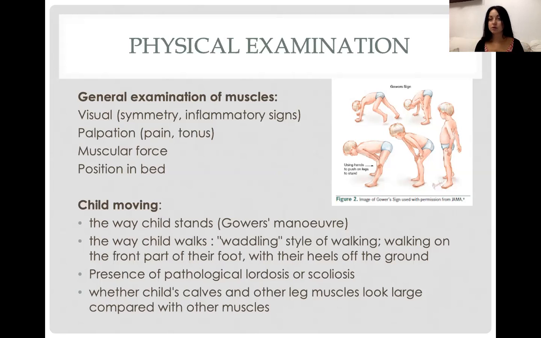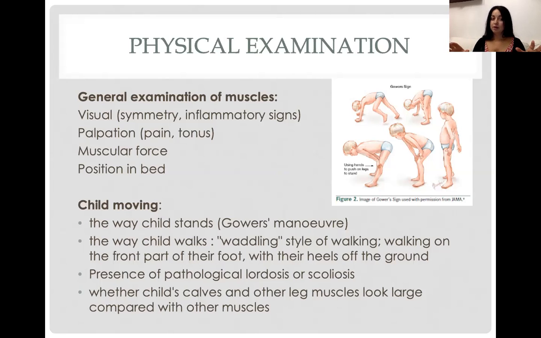You can see inflammatory signs during visual examination. When a muscle is inflamed, you can sometimes see the swelling of the muscle after trauma, for example.